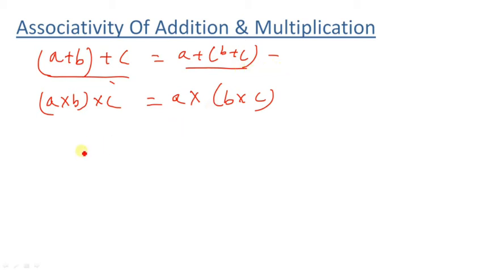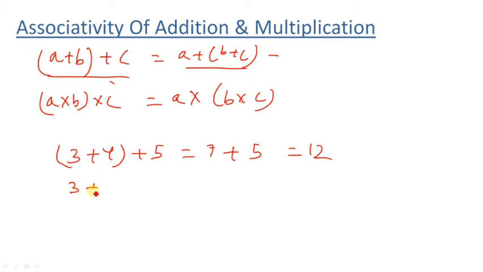So let's see an example. Suppose we have 3, 4 and 5. If I write 3 plus 4 plus 5, what is the result? 3 plus 4 is 7, plus 5, the result is 12. Similarly, if I write 3 plus, 4 plus 5, look here I wrote 4 and 5 in the bracket. It means 4 and 5 will be calculated first, which is 3 plus 9, it is the same as 12.